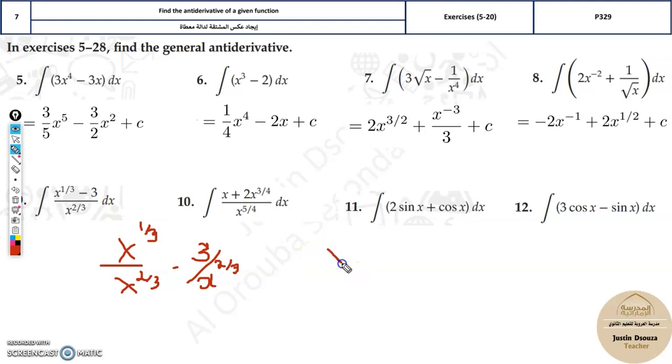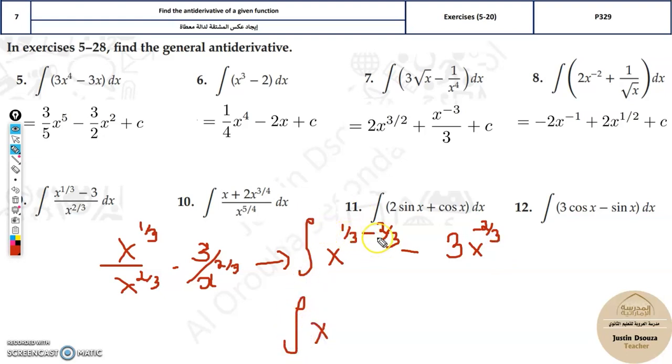When you take it up, what is going to happen? x to the power 1 by 3 minus 2 by 3. Why? Because the power in the denominator, when it goes up, the variables are the same, x and x, so you just subtract the powers. Minus 3, take this up, x to the power minus 2 by 3. Now you need to integrate these.